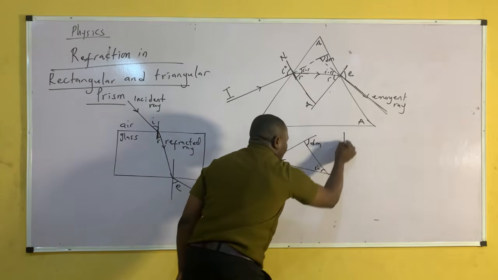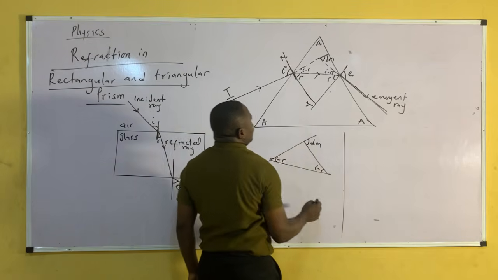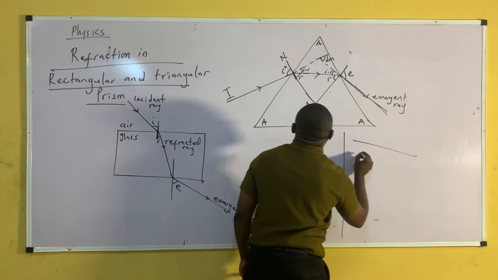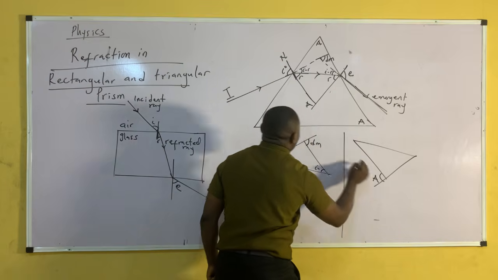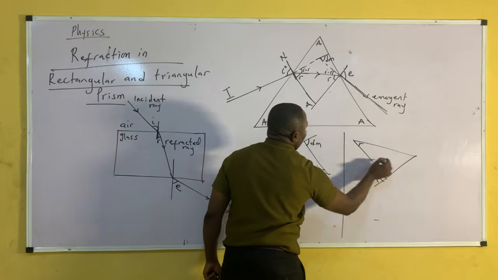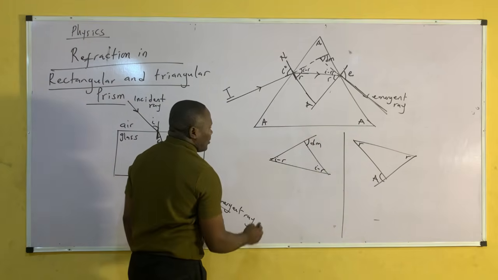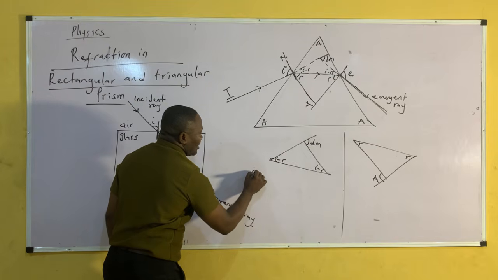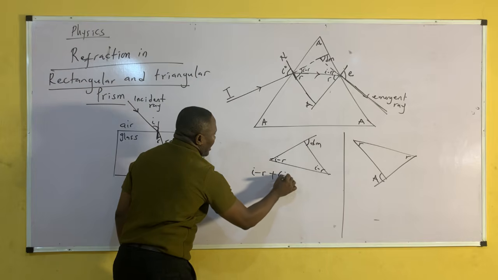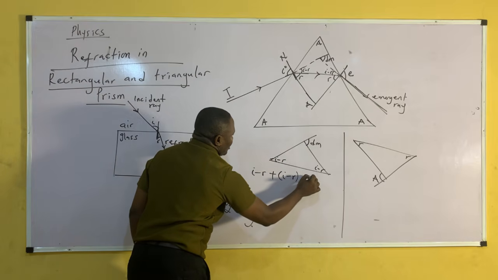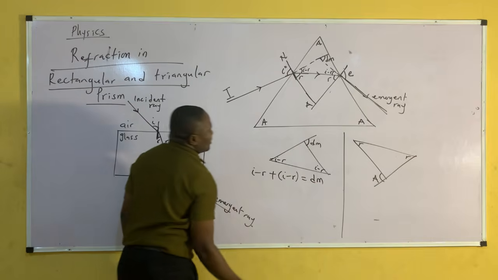Then I have another triangle. Look at it down, which is something like this, and something like this. This is A, this is r, and this is r. Now it has told us that (i minus r) plus (i minus r) equals minimal deviation.